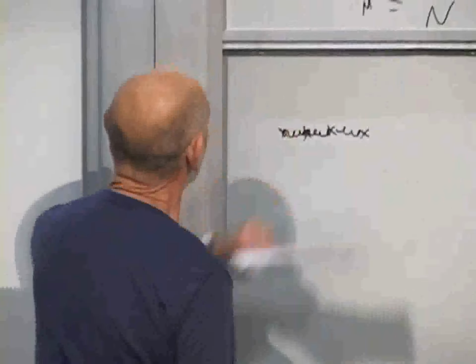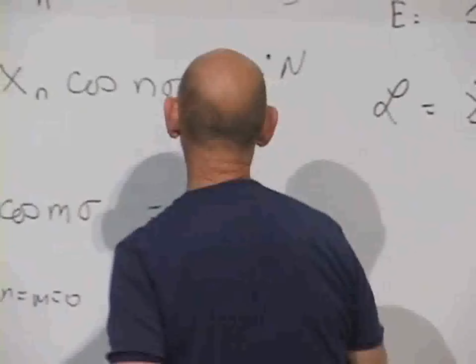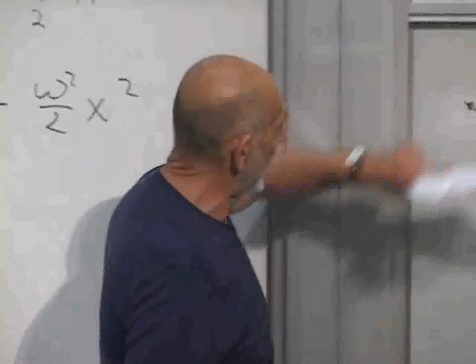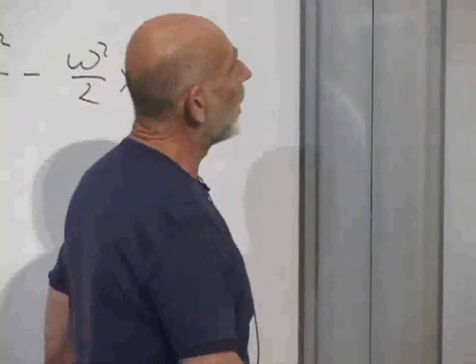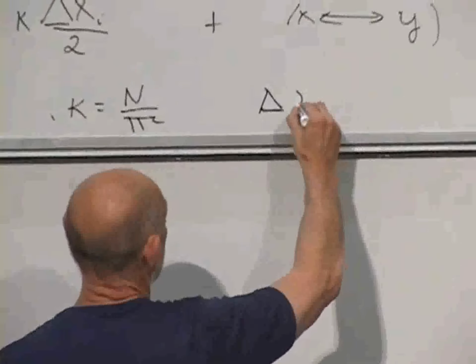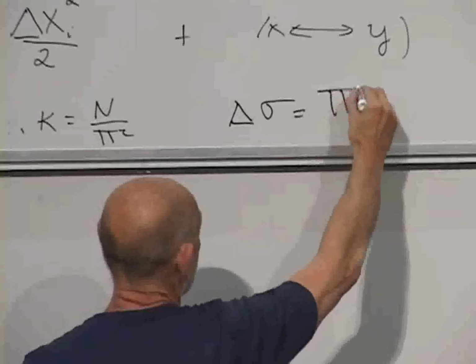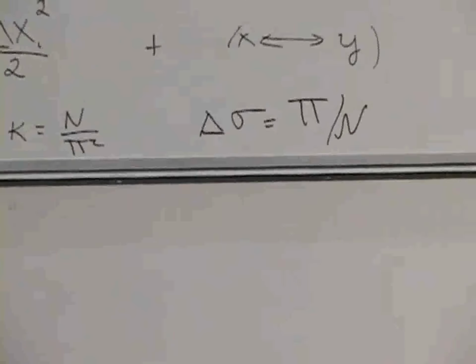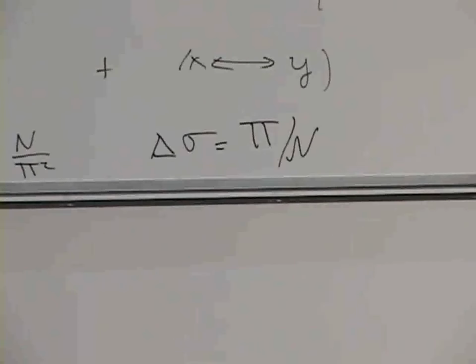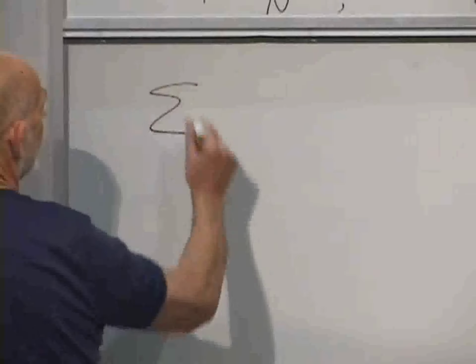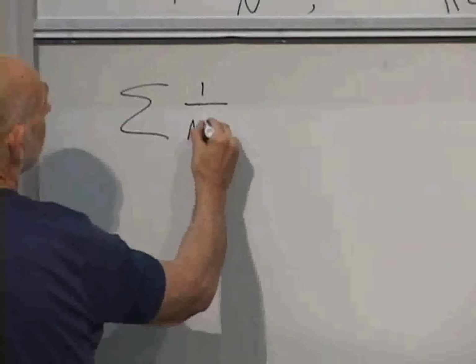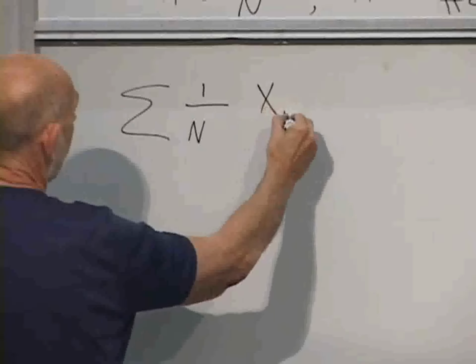All right, let's rewrite these things as integrals using exactly the formulas we have up there. Oh, we need one more formula. Delta sigma is equal to pi divided by n. Yeah, delta sigma is pi divided by n, taking the pi interval and breaking it up into n little pieces. Okay, let's take the kinetic energy first. The kinetic energy is going to be 1 over n times the sum of xi dot squared.